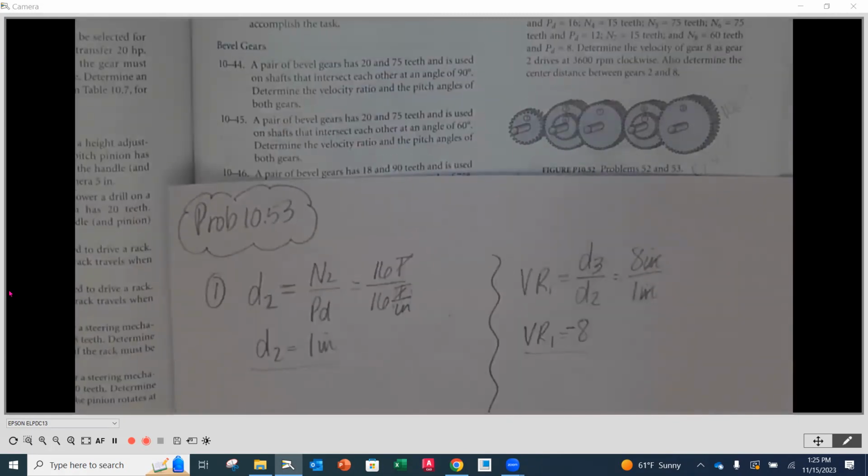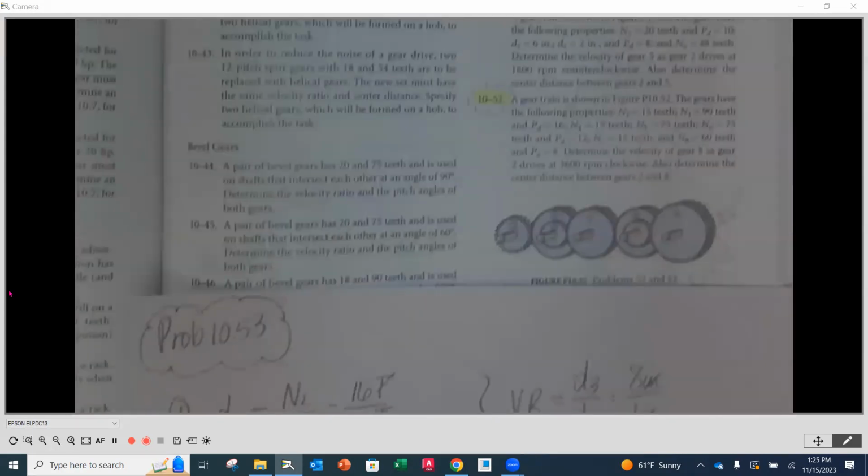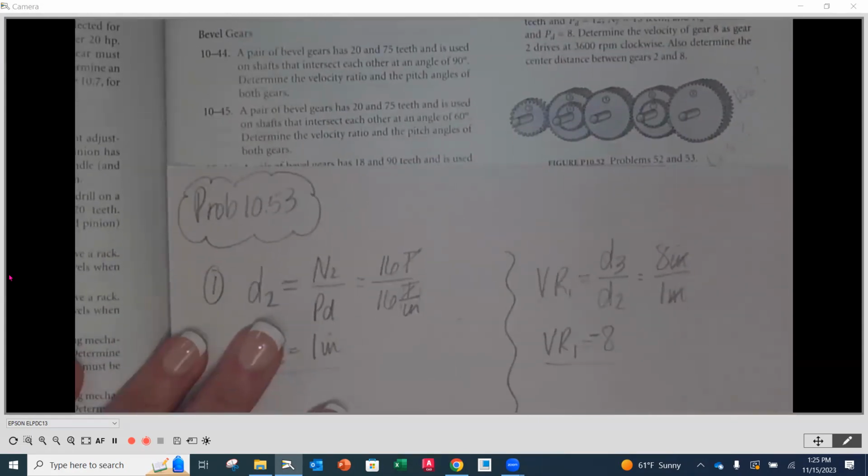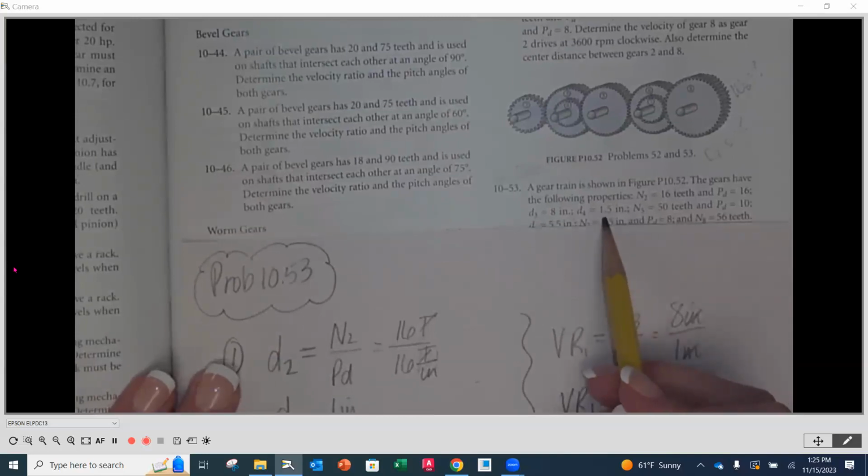All right, now we're going to go to the next set. Our next set is going to be 4 and 5. Looking at our problem statement, for number 4 we have the pitch diameter, so we'll use that. But for number 5, we need to calculate the pitch diameter based on 50 teeth and a diametral pitch of 10.